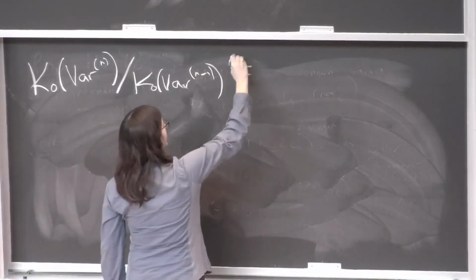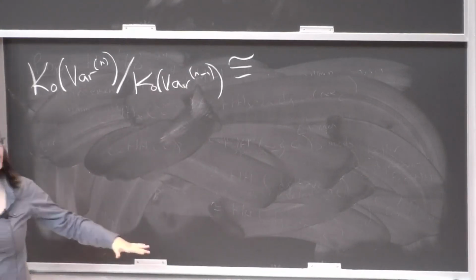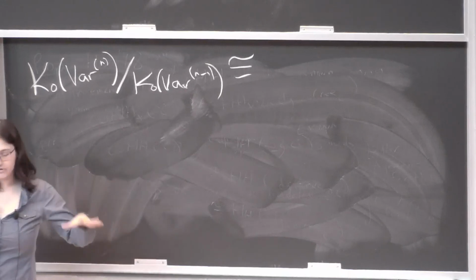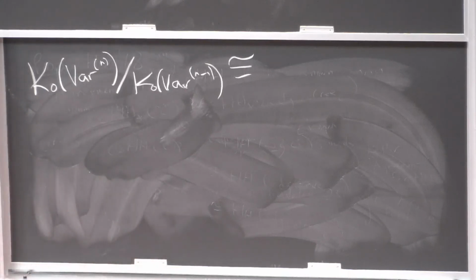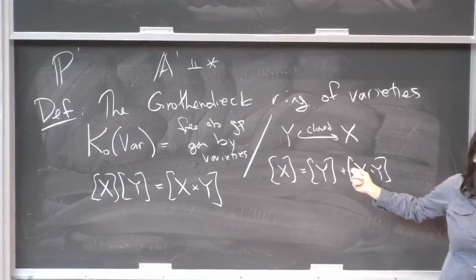So what's this? Well, you look at all your generators, and you kill all of the generators of relations of dimension less than n. And then you look at this relation, and assuming, for instance, that x is irreducible, y has to be of lower dimension.